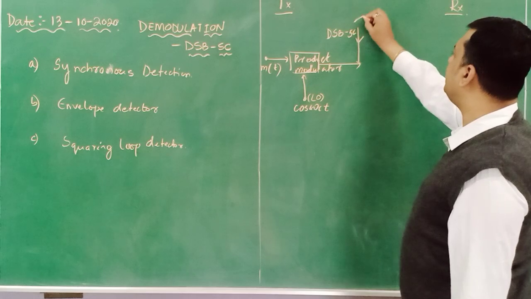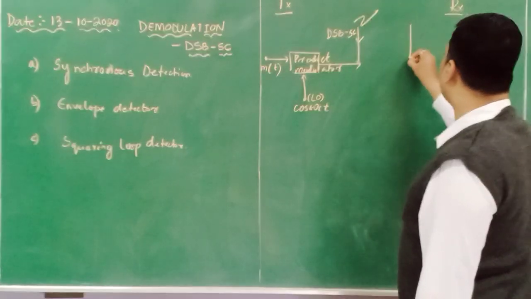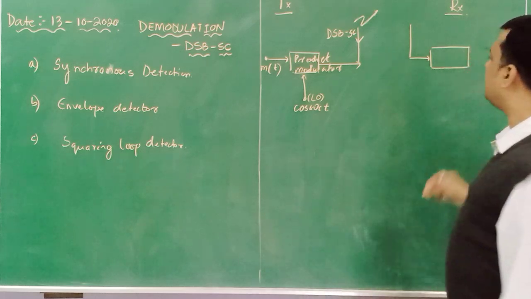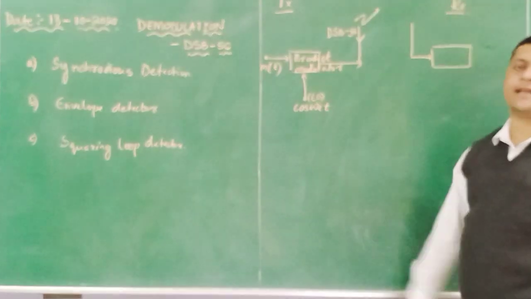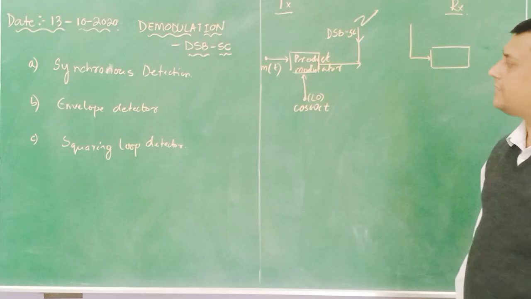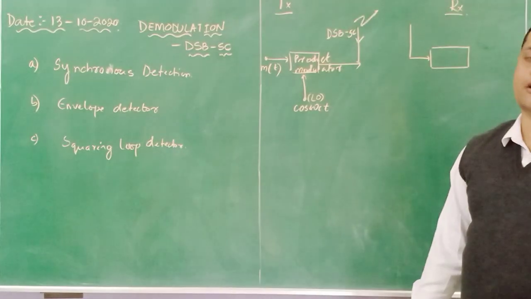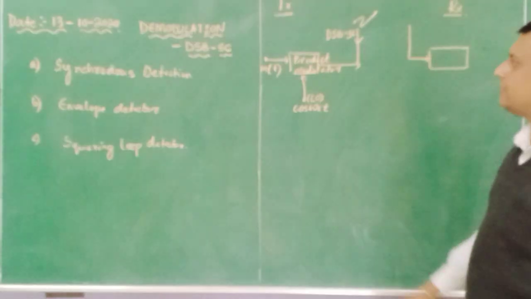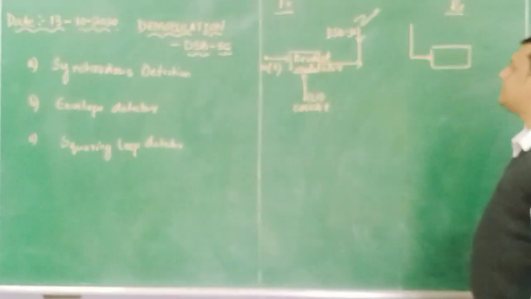Now what happens at the receiver part? Here it is transmitted. In order to demodulate, we need to synchronize the same carrier frequency, with the same strength or maybe not the same strength, but the frequency and the phase must be synchronized. Only then will it come under synchronous detection.